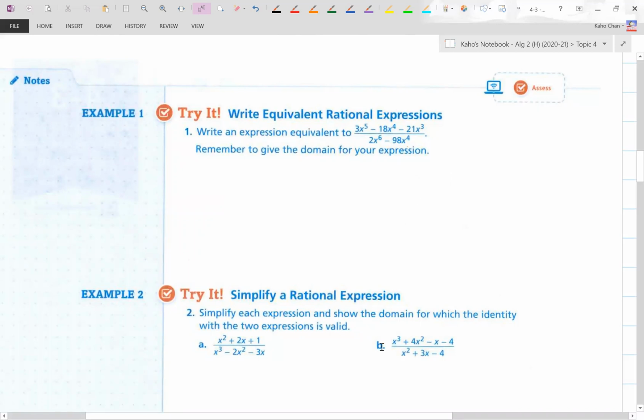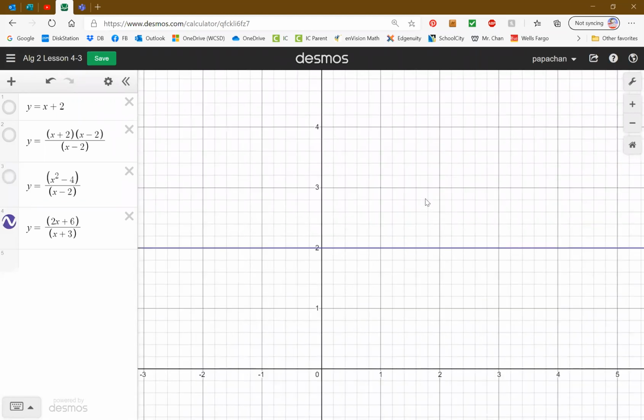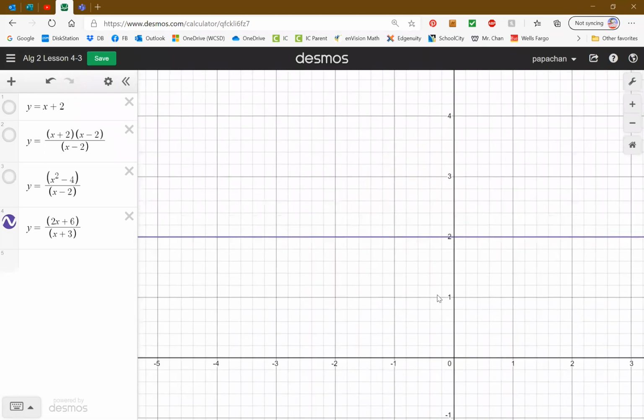Now before I move on, I just realized I want to show you quickly that last little problem on Desmos. They asked us about what would happen at x equals negative 3 right there. If I move my mouse up to here at the spot and hold on to it, and hold on, am I going to get it?